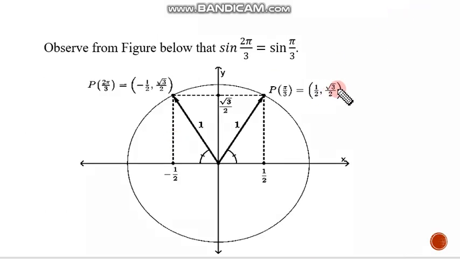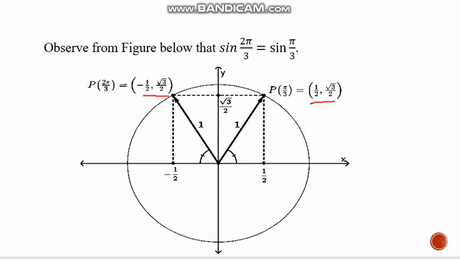So observe the figure below that sine 2 pi over 3 equals sine pi over 3. If you observe, 2 pi over 3 has the same x and y values, 1 half and square root of 3 over 2. Please disregard the signs for now. Look at the values of x and y. They are the same.